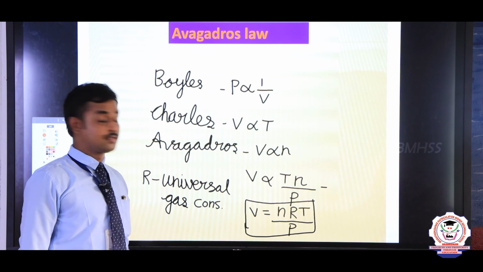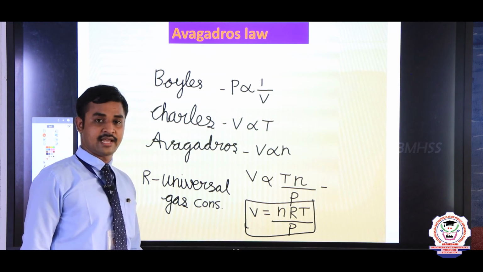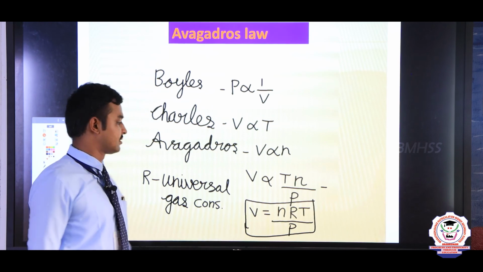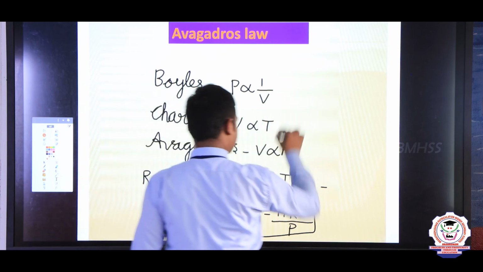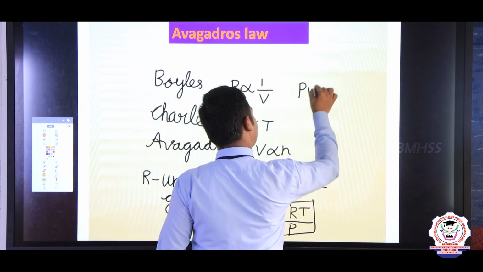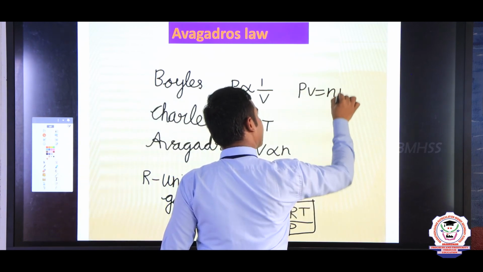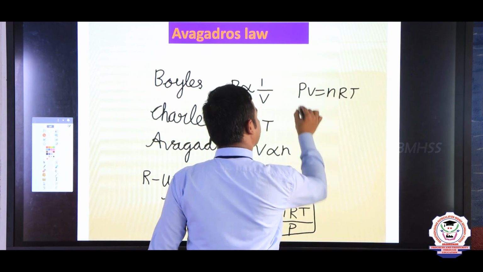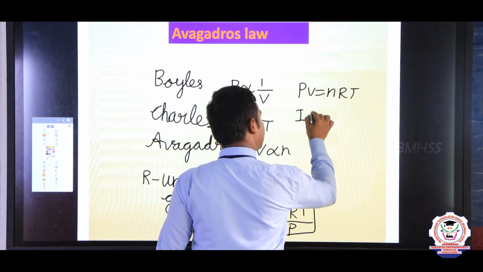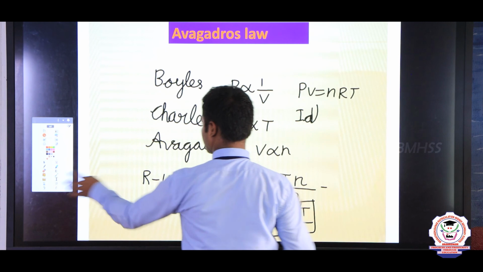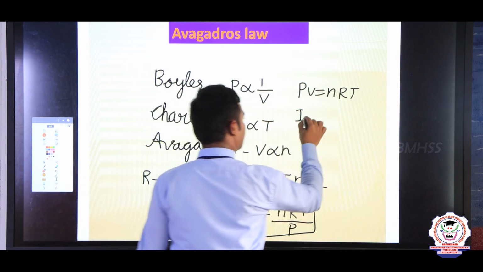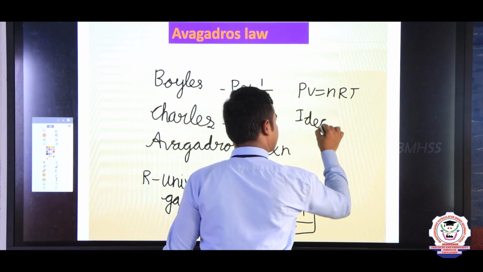You know students, this gas law is called the ideal gas equation. This equation is simply represented as PV equals nRT. This equation is the ideal gas equation.